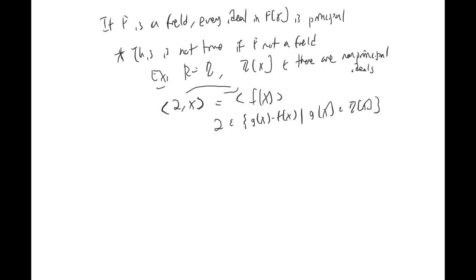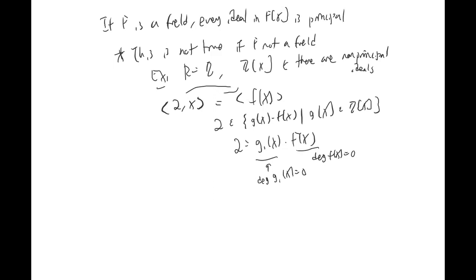So 2 is equal to some g1(x) times f(x). But Z is an integral domain, so if you argue by degree, this forces the degree of g1(x) to be 0 and the degree of f(x) to be 0. So f must be a constant.